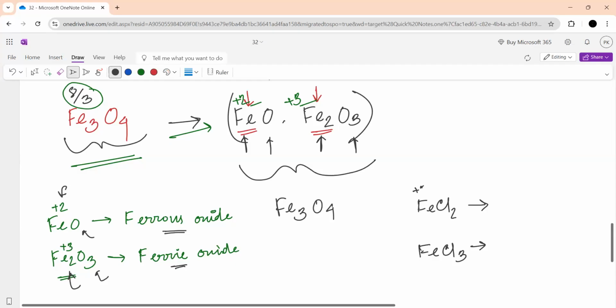And in the second one, what is the oxidation number for iron? +3. So which one will be ferric and which one will be ferrous? Ferric will be the second one. The first one will be ferrous. So this is ferric chloride, and this one will be ferrous chloride.